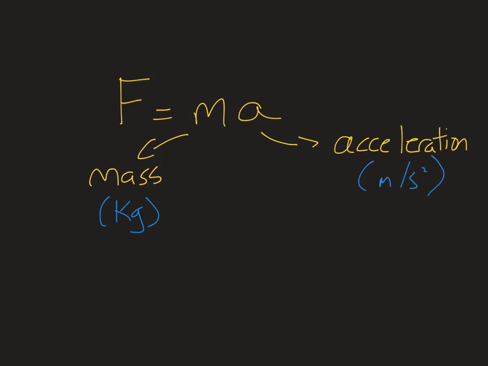So when we want to figure out what our unit ends up being, we can actually use unit analysis here to figure this out. So really what we're doing in this equation is we're multiplying kilograms times meters per second squared. And when you do that math, what you end up with is a kilogram meter per second squared. So technically, this is the unit for force.